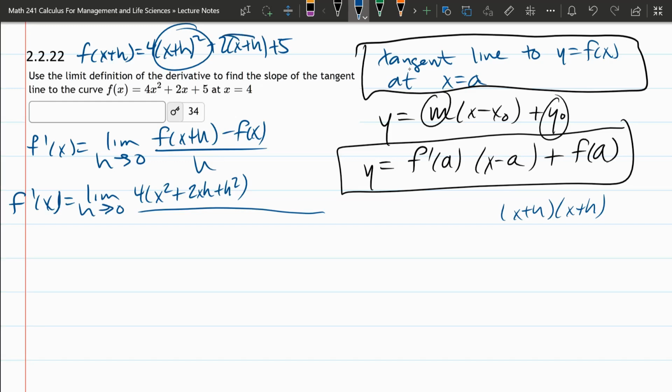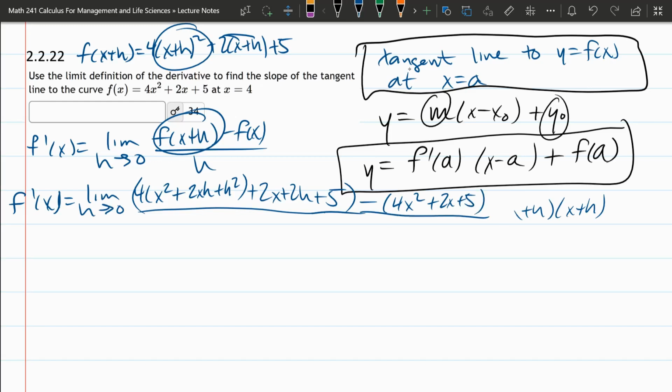Now I'm going to distribute the 2 here. Plus 2x plus 2h plus 5. Now all of that is f of x plus h right there. So now I'm going to subtract regular f of x right there. 4x squared plus 2x plus 5.